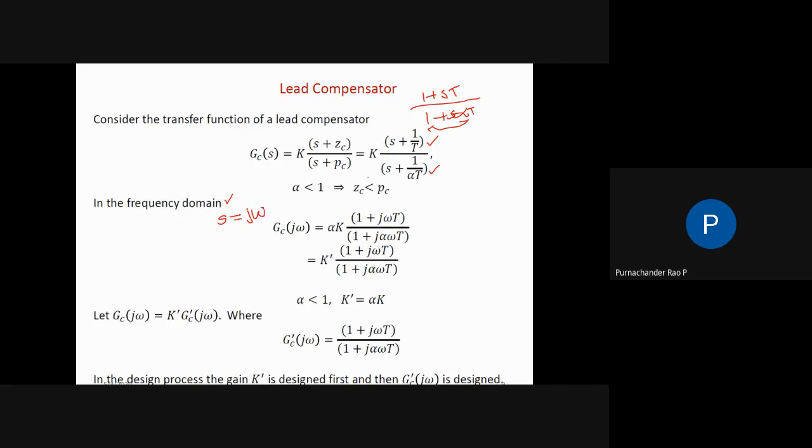So for this transfer function, you write alpha into K, 1 plus j omega T, and in the denominator 1 plus j alpha omega T. Therefore this constant alpha into K can be represented as K dash into 1 plus j omega T. This is the transfer function of the compensator, which will have a new value Gc dash of j omega, and K dash is designed for the first time.